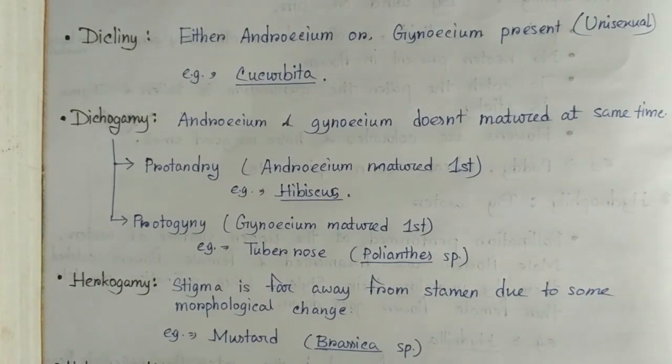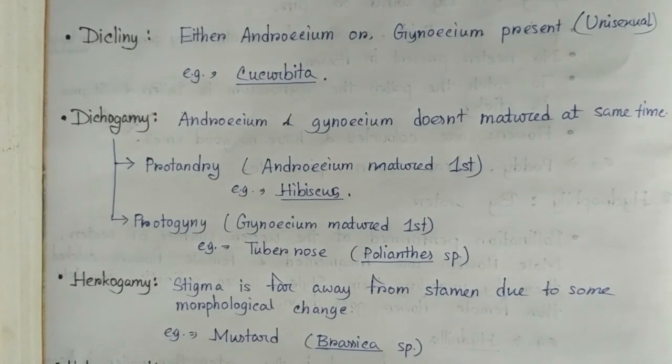Here are some terms. In some cases, self fertilization can occur but is not performed due to some condition or physiological condition. First one is dicliny.